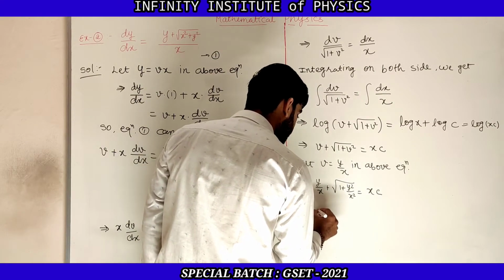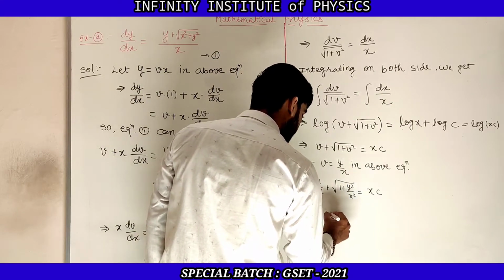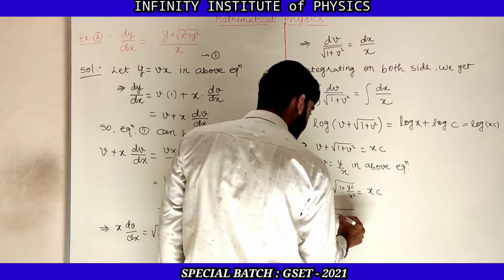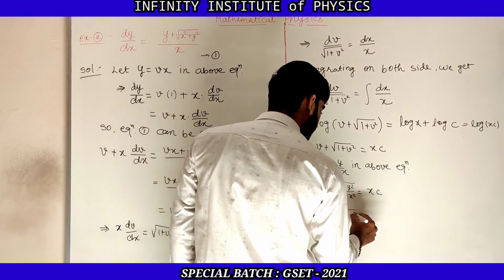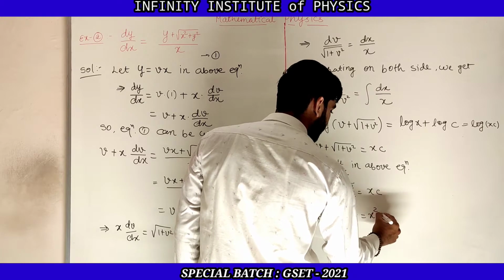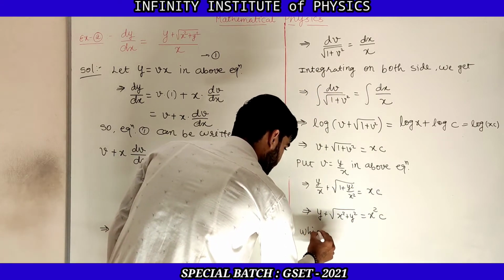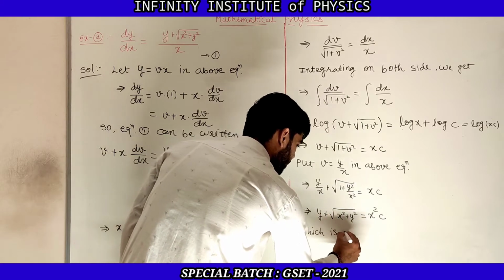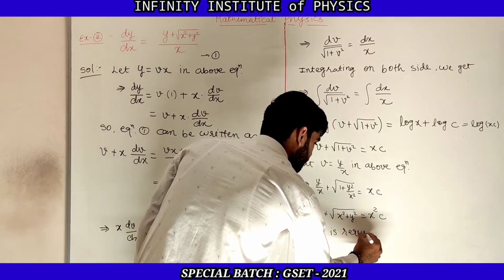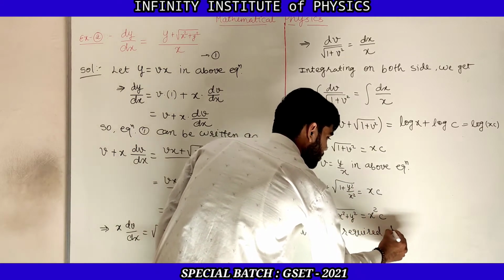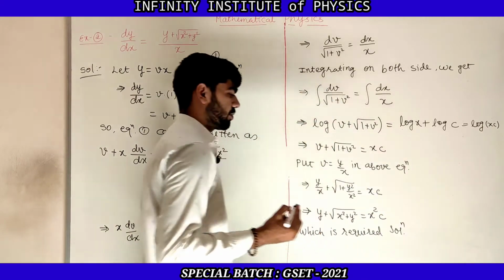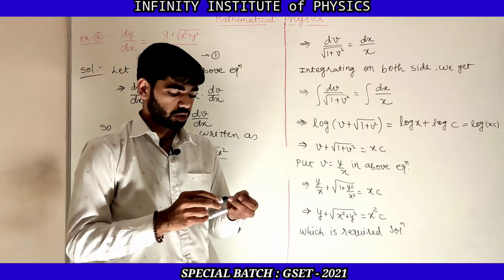Then the final answer will be y plus square root of x square plus y square, which is equal to x square c, and which is the required solution.